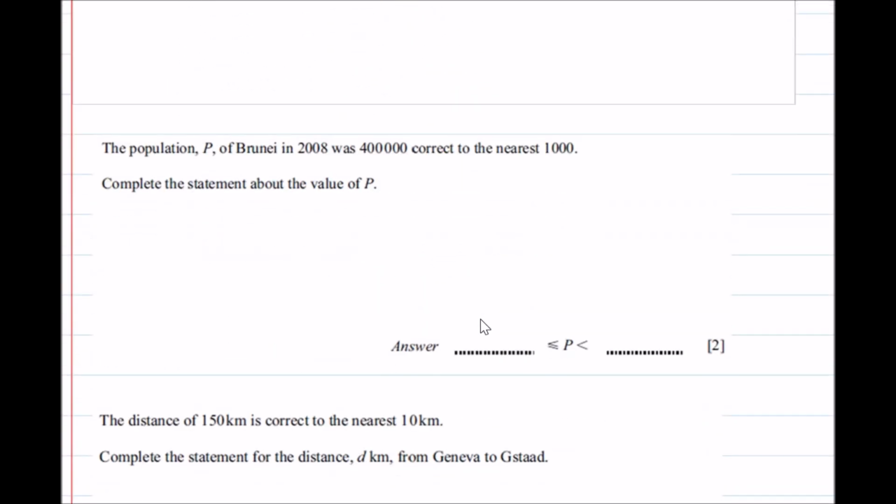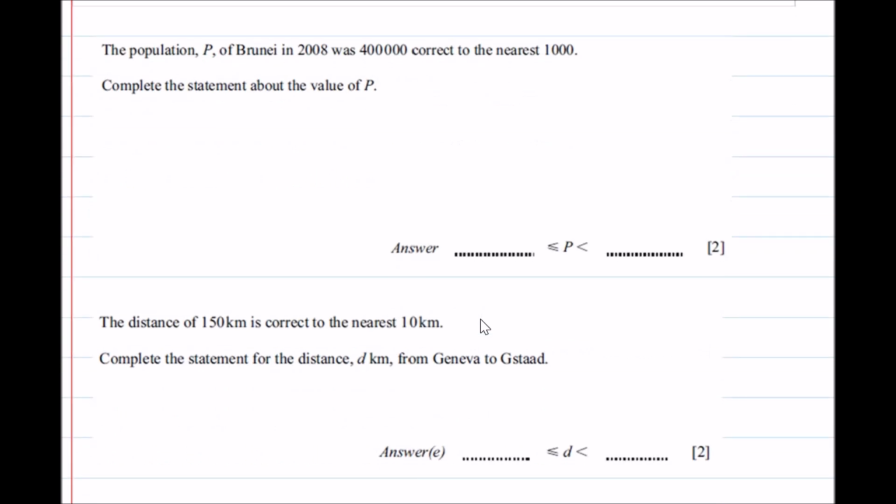Let me show you the first example here. The population P of Brunei in 2008 was 400,000, correct to the nearest thousand. Complete the statement about the value of P. Two blank spaces are given. On the left side, we have to write the lower bound, and on the right side, we have to write the upper bound.